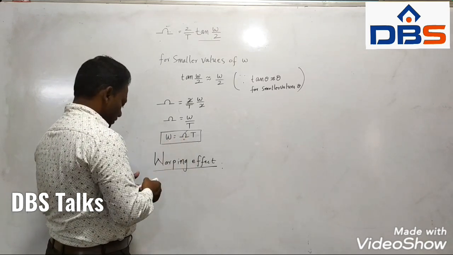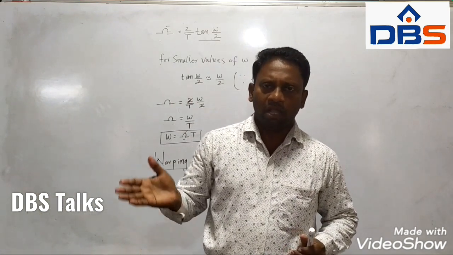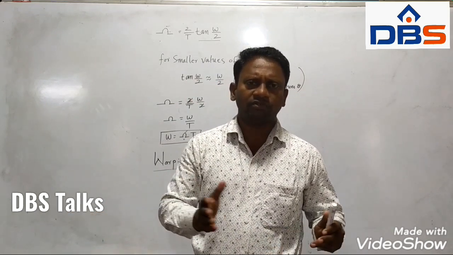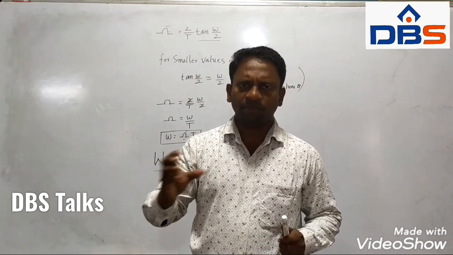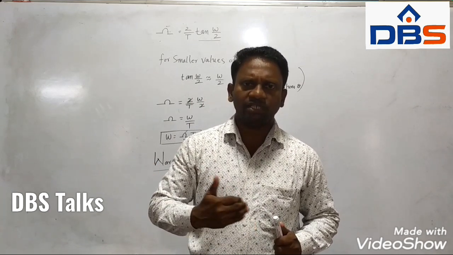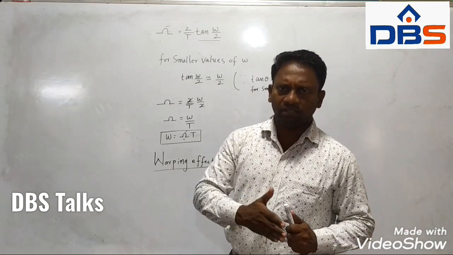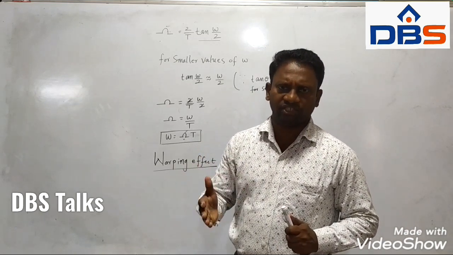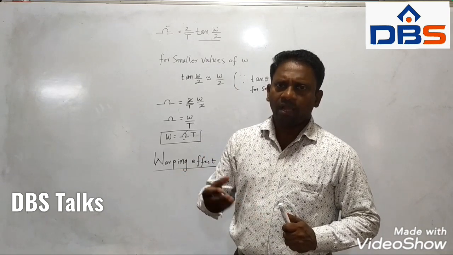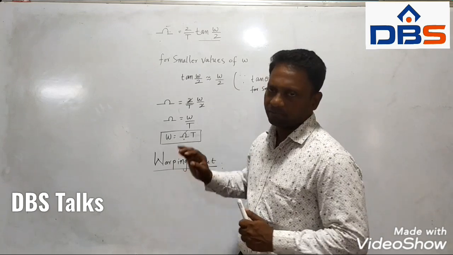Because it must be linear when you are converting an analog frequency to a digital frequency, or an analog transfer function to a digital transfer function, it must be a linear relationship. But as you increase the omega value, this relation goes to a non-linear region. In that case, you will get a distortion. Okay, and the distortion comes as a result of this wrapping.